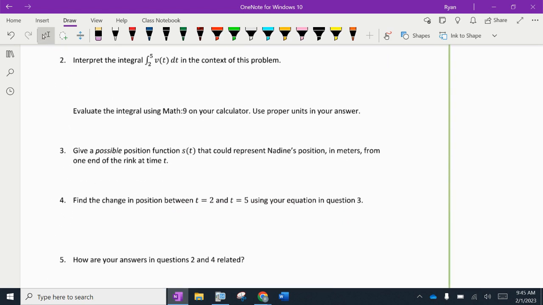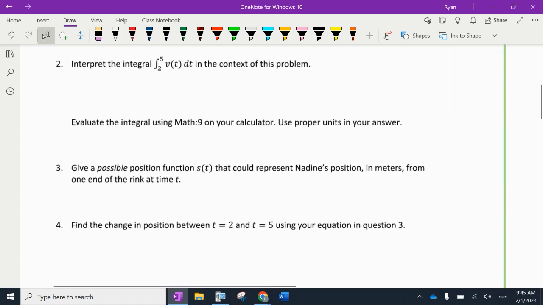Number 2, interpret the integral of 2 to 5 v of t dt in the context of this problem. So giving myself a little graph over here. There's 5, 2 was somewhere about right there. The horizontal axis is time in seconds.